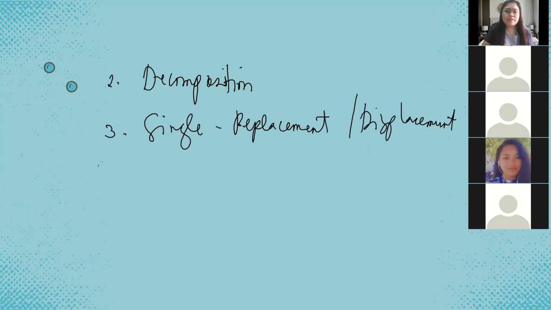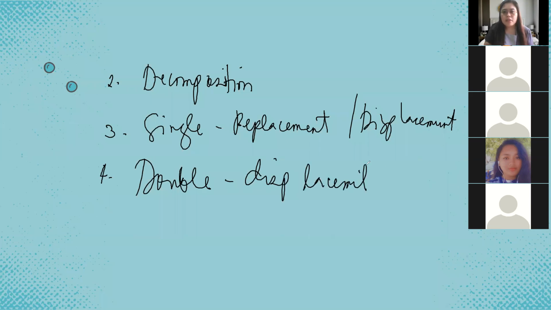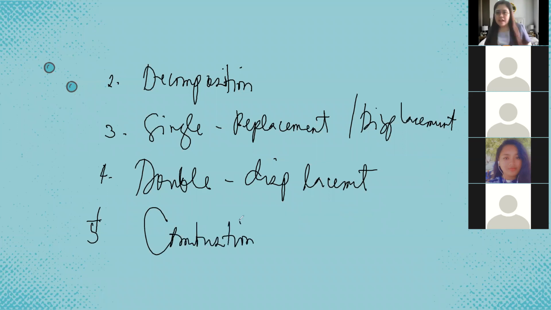And then, daghan ta tayo i-discuss, we will also have the double displacement or double replacement reaction. And lastly, we have the combustion reaction. So we will be discussing how to predict the products of this type of reactions and how to balance the equation.